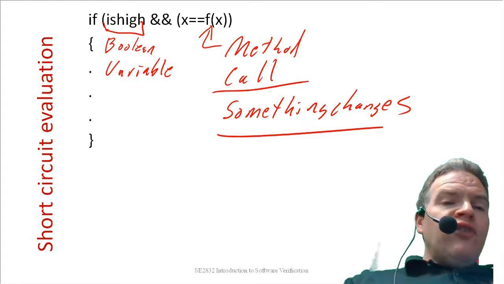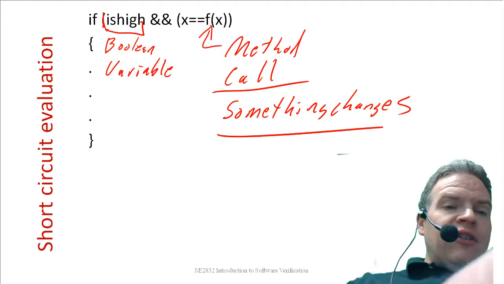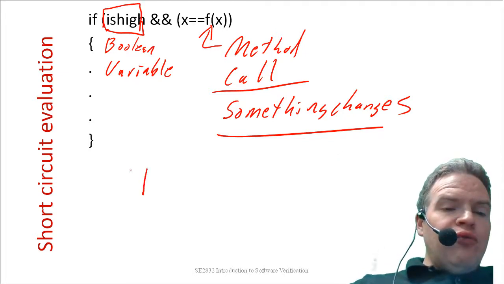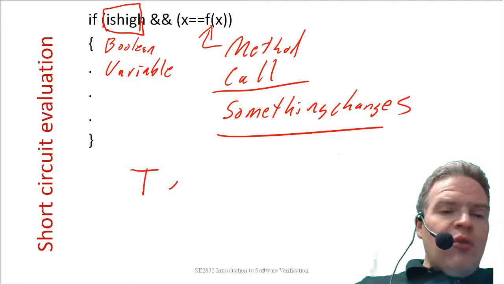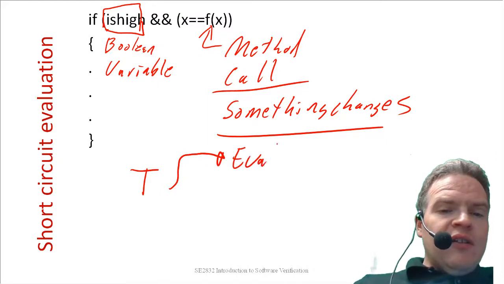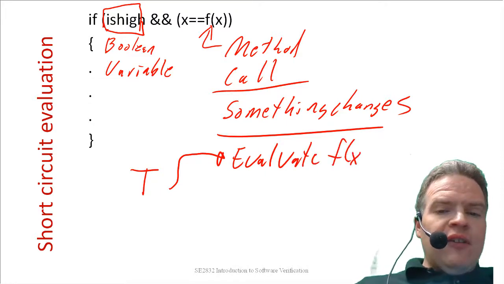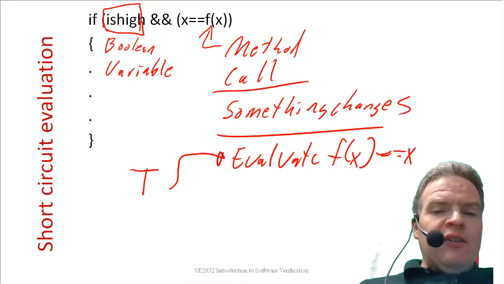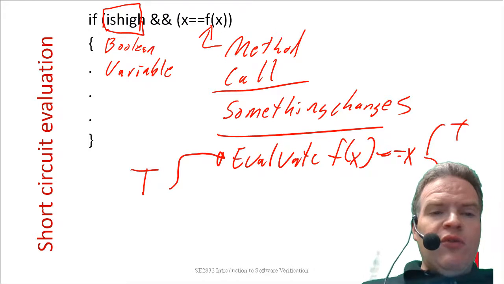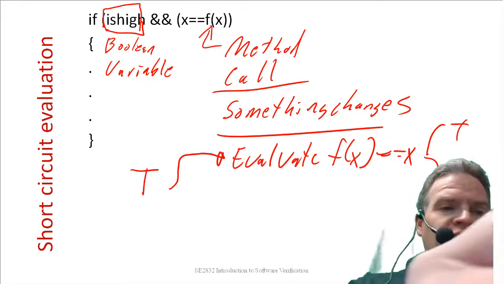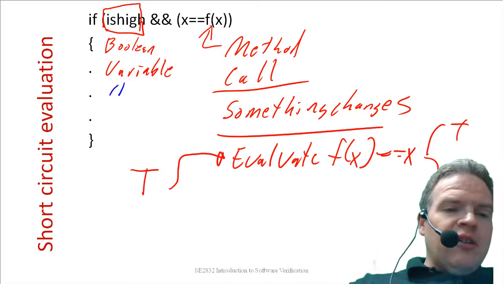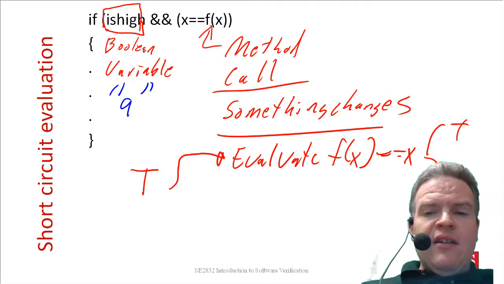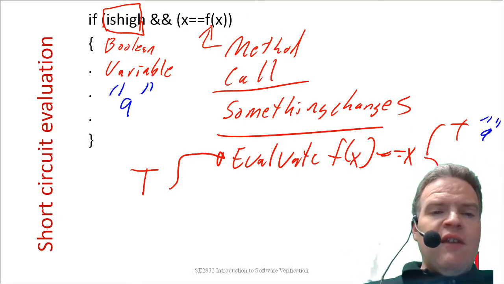In this first scenario, if is high is true, then we evaluate f of x equal to x. That can either be true or false, and based on that we either go into this piece of code that I'm going to call A. If it's false, we won't.